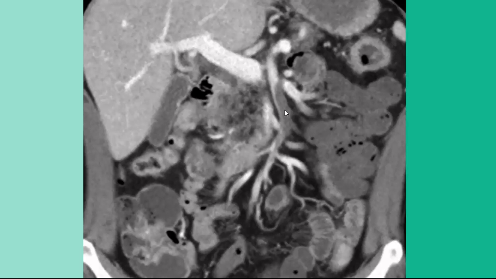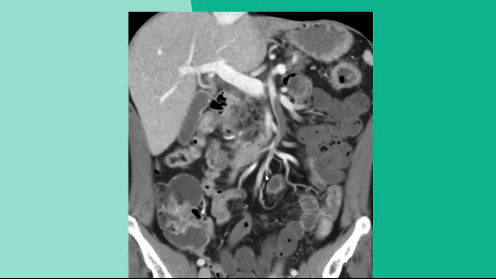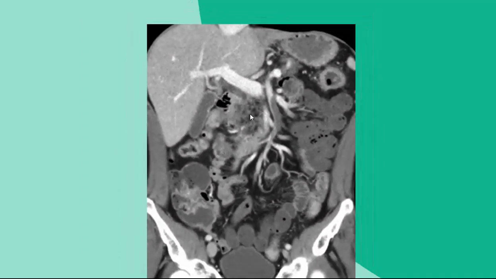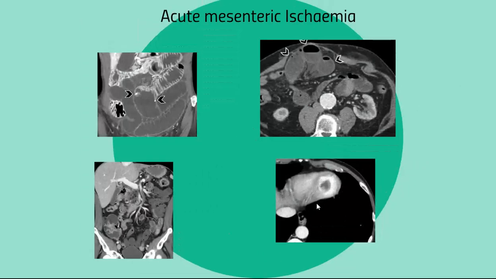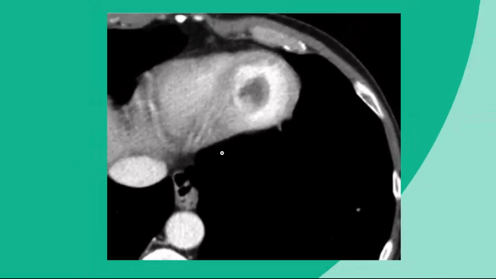This will result in wall thickening and mesenteric venous engorgement. And it's always worth glancing at the heart when we are reporting these scans, and here we see a left ventricular filling defect consistent with a thrombus throwing off emboli to the superior mesenteric artery.